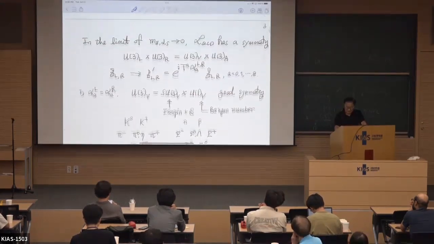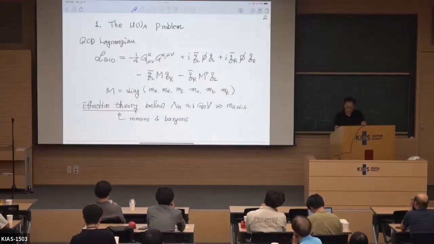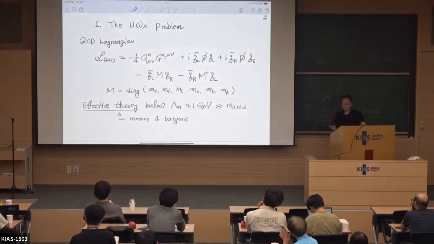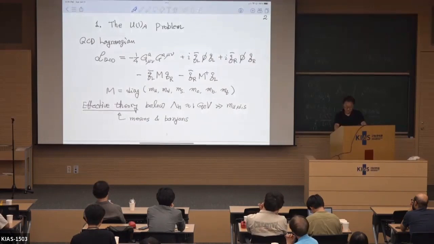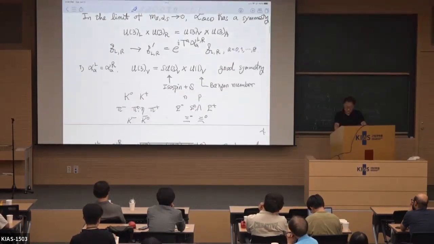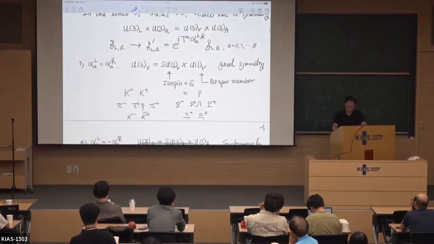So, taking massless quarks, m_u, m_d, m_s going to 0, you see the left-handed quarks and right-handed quarks can be rotated independently, right? So we have the left-handed rotation and right-handed rotation for the 3 quarks, which is a symmetry of the Lagrangian. This is called U(3)_L times U(3)_R symmetry.